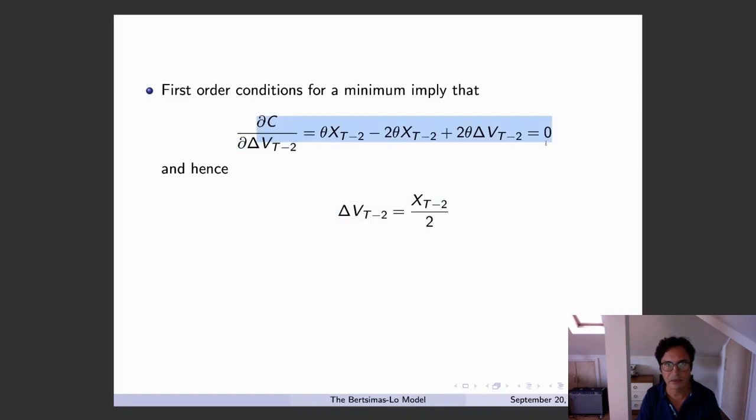That's what you get here, and the solution is that the optimal amount to execute, delta v t minus 2, is simply whatever was left at time t minus 2 divided by 2. So we have 2 periods to go, so all we do is look at whatever we have left to execute, divide it in 2, and do equal executions.